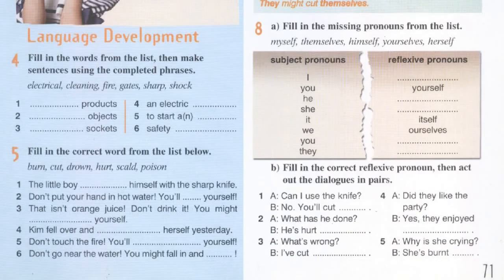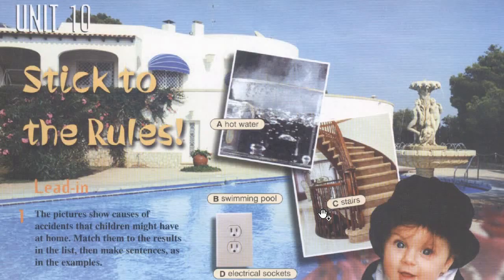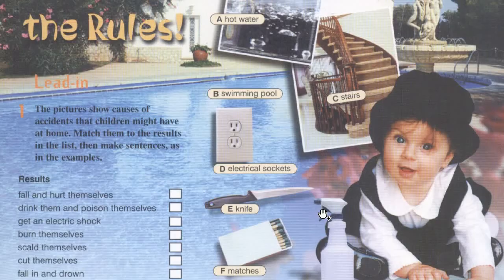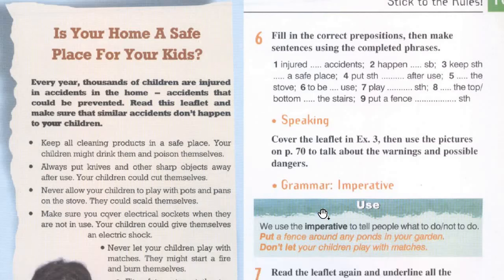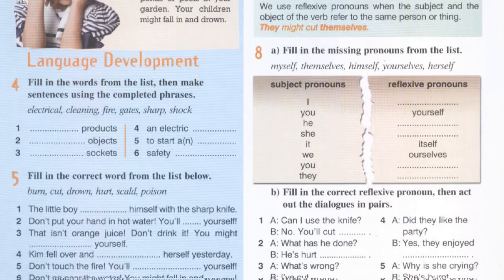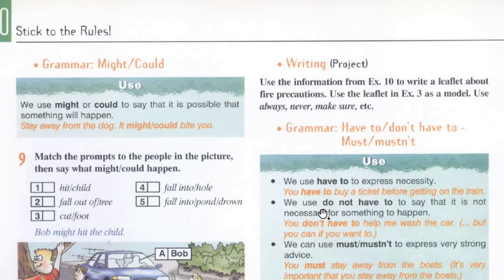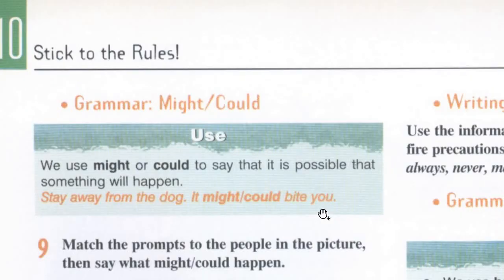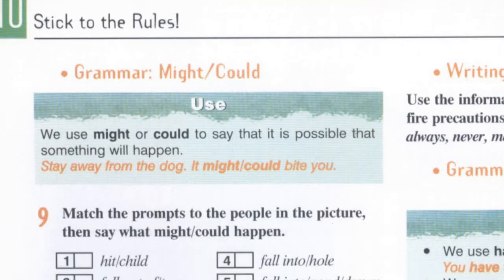Okay, so we started Unit 10, the first page completed, the second page completed with expression, prepositions, and also two very short grammatical ranges. We're going to the next page, which is page number 72. In page number 72, you're supposed to focus on another grammar part, which is might, could.